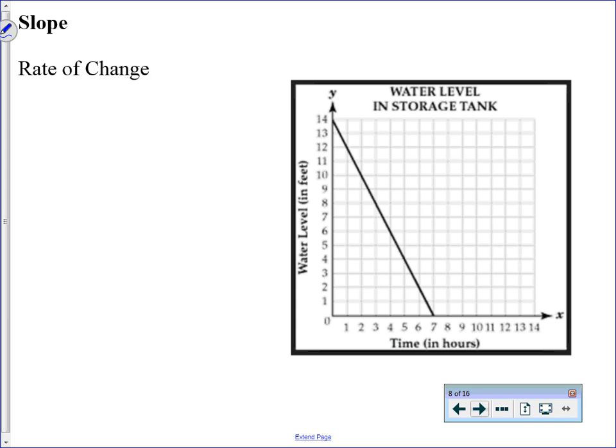And we're going to finish with a word that means the exact same thing as slope. It's a rate of change. So rate of change is the exact same thing as finding a slope. There's, I would say, 2 things that we have to be careful to always check and remember. Always look for units and labels.